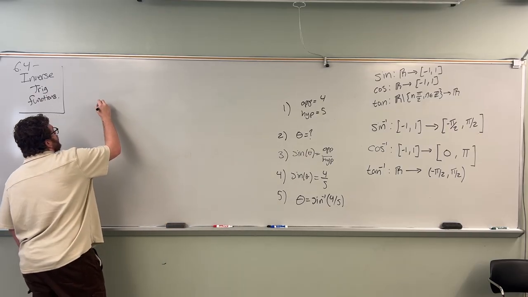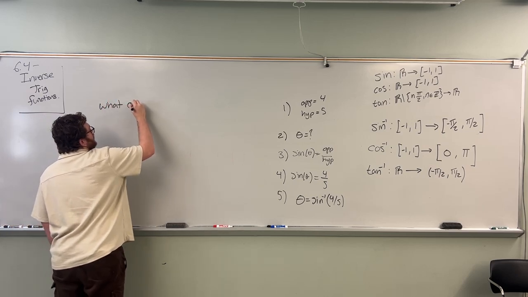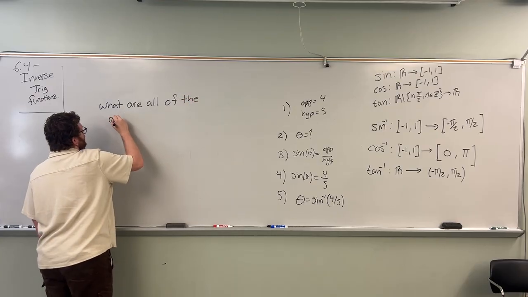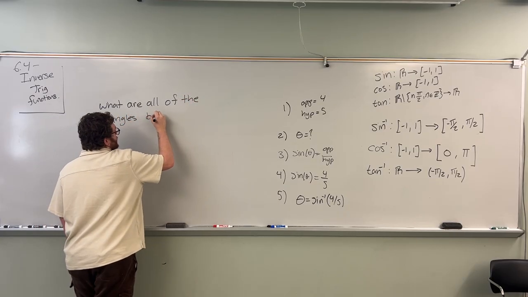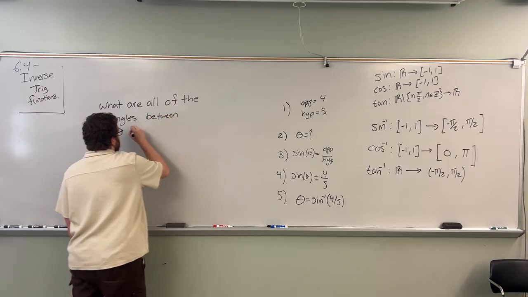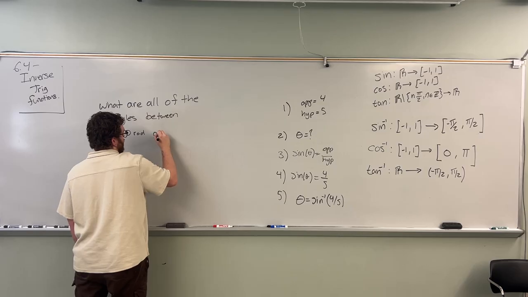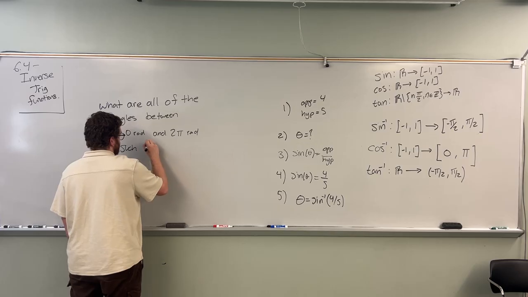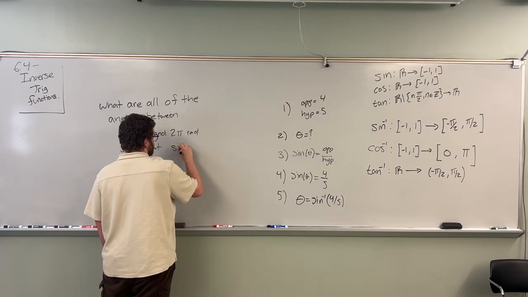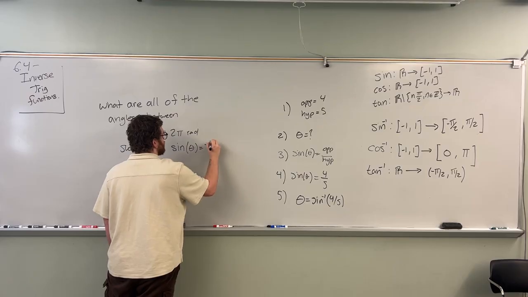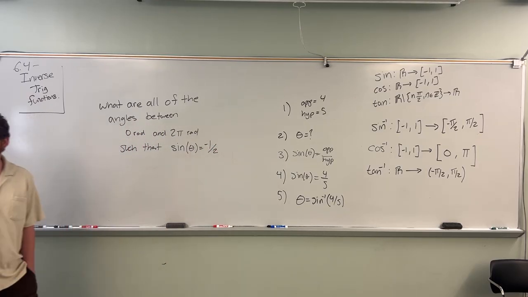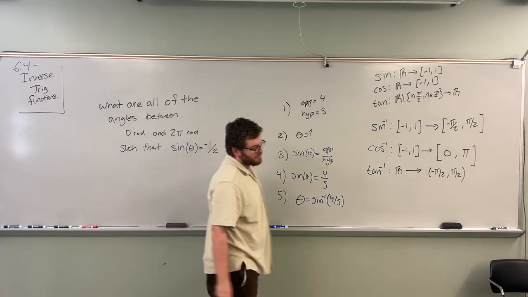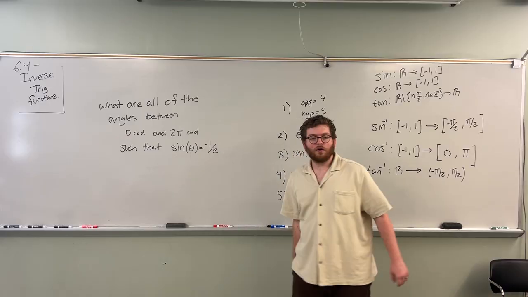What are all of the angles between 0 radians and 2 pi radians such that sine of that angle equals -1/2. So that's a question that you could be expected to see maybe on a test or something. And so you have to figure out, okay, well, how do I solve this?